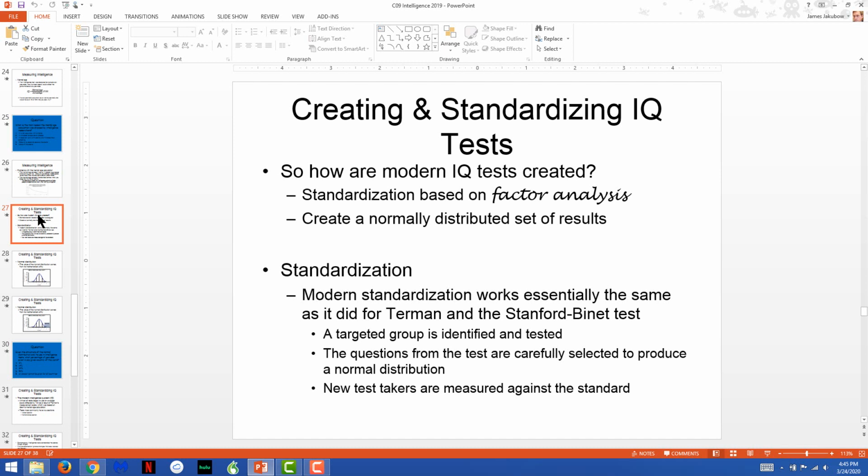As time goes by, schooling changes, society changes, vocabulary words change, technologies change, and you have to update your tests usually about every 10 to 20 years or so to make sure that the standard is appropriate for the group of people you're working with.